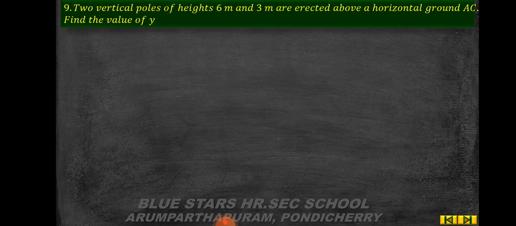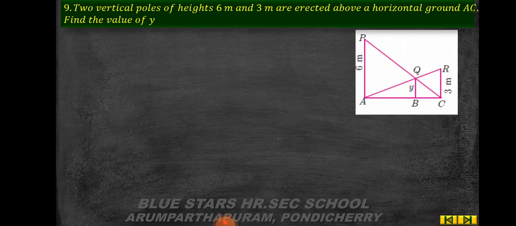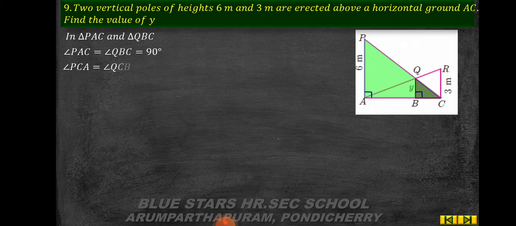Problem number 8. Two vertical poles of height 6 meters and 3 meters are erected above a horizontal ground AC. Find the value of y. So in triangle PAC and triangle QBC, angle PAC is equal to angle QBC, that is angle A and angle B are 90 degrees, and angle PCA is equal to angle QCB, a common angle.